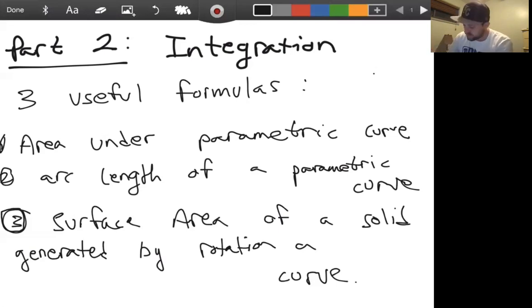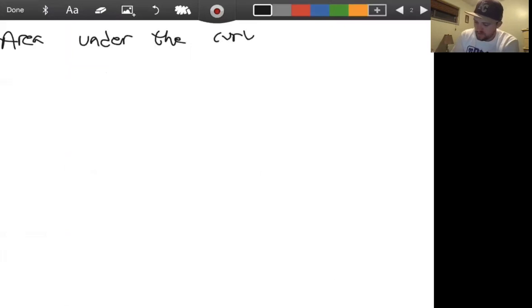So let's start with area under the curve. And this is how we were introduced to integration back in Calc 1, right? We learned, well, what does the integral of a function represent? Well, it represents the area under a curve of a bounded region.